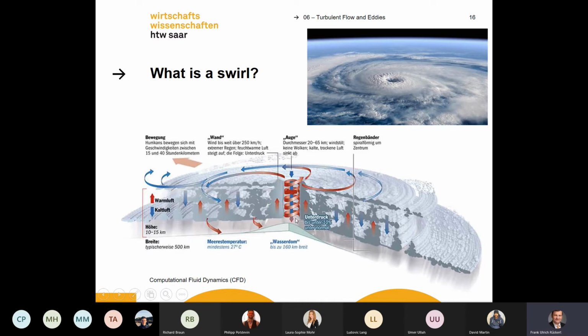In the middle you have the so-called eye, and you see the wind velocity is not very high, but the pressure is really low, and this can also cause it to suck up the water of the sea, and that is a really big problem.